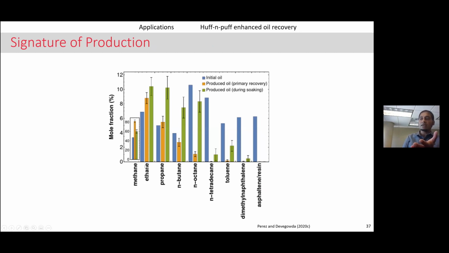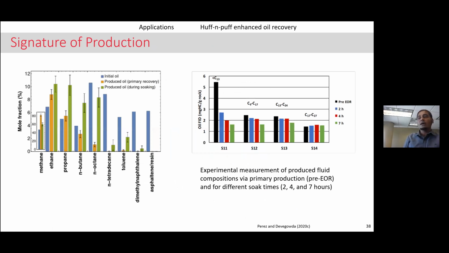We can look at methane, ethane, and propane. We can look at the initial oil composition. We can see what was produced under primary recovery and what was produced during soaking or during the enhanced oil recovery process. So we can do those things, and we can begin to answer questions about what we observe in experimental data.